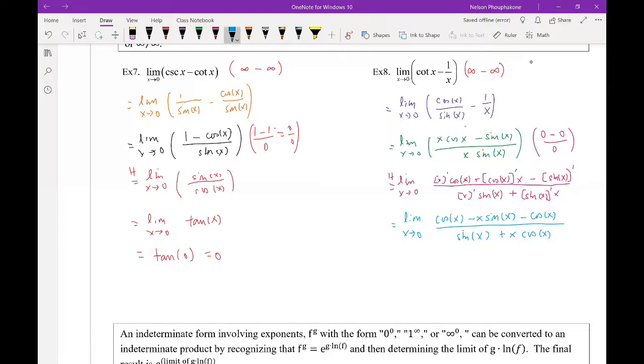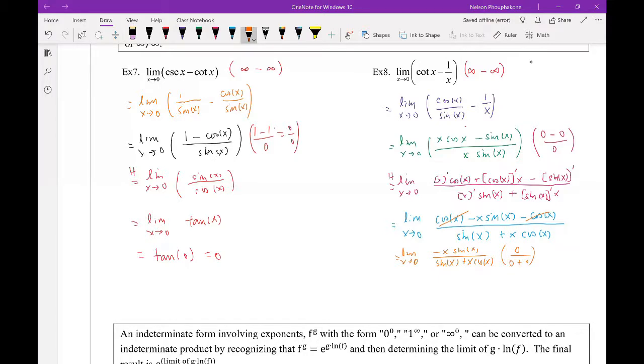Then now you will see that to this one, basically we have cos of x minus cos of x. So I will have negative x sine x all over sine x plus x times cos of x. And then again we will have 0 over 0 plus 0.